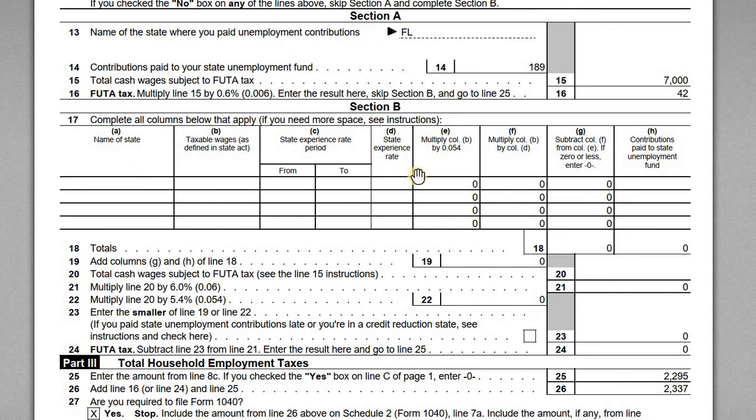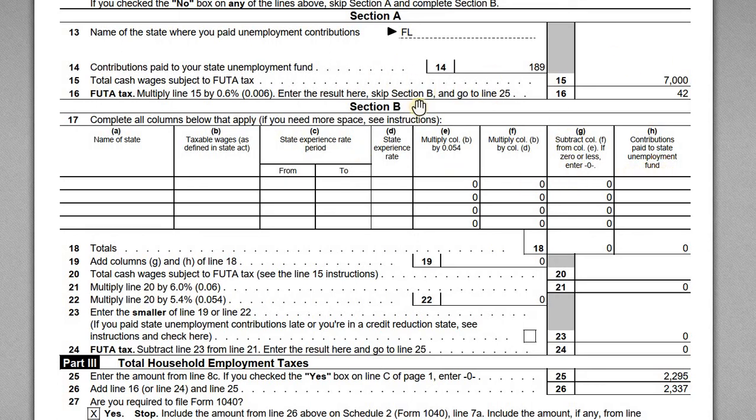Section B is done if you paid state unemployment taxes in a state that was subject to credit reduction. In effect, what that means is if the state for that year had any outstanding loans to the federal government, the employers aren't allowed to get this reduced rate. They have to pay a higher rate. But in this case, that doesn't apply.